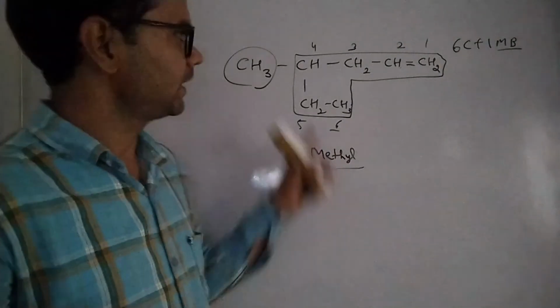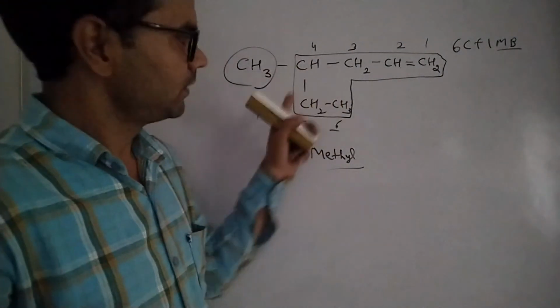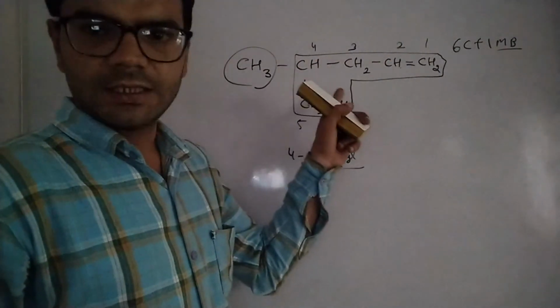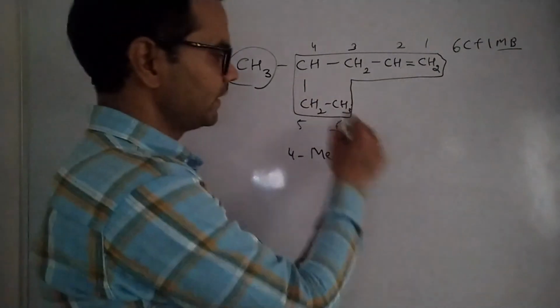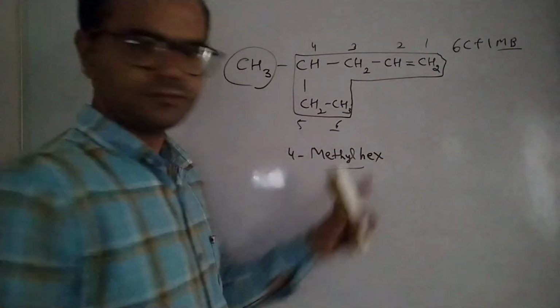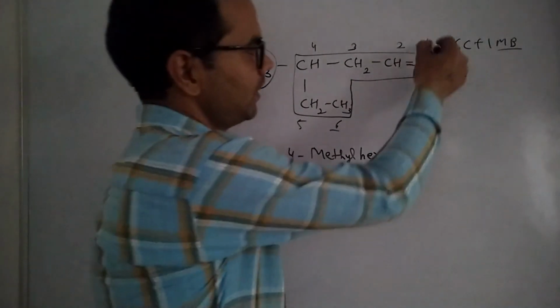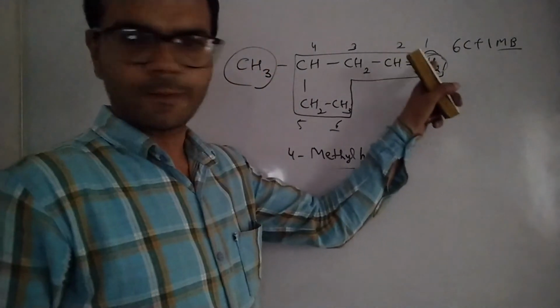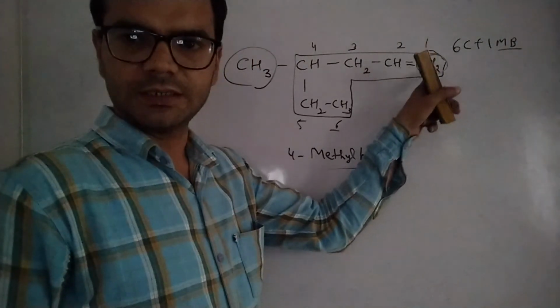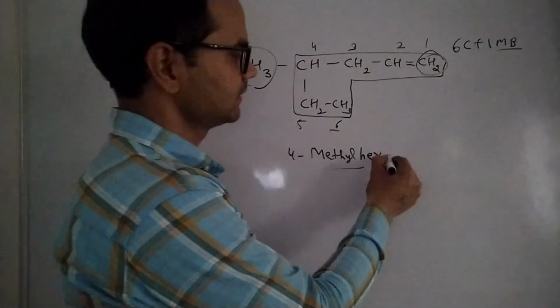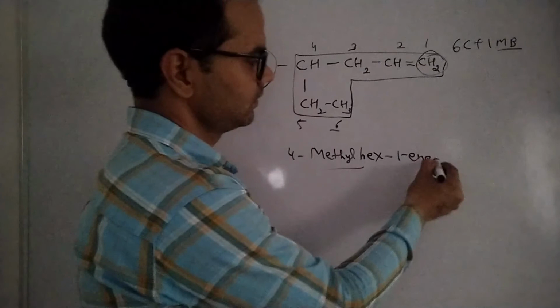The methyl group is present at the fourth carbon. The carbon chain contains 6 carbons, so the root word is hex. 4-methylhex. The multiple bond is present at the first carbon. 4-methylhex-1-ene.